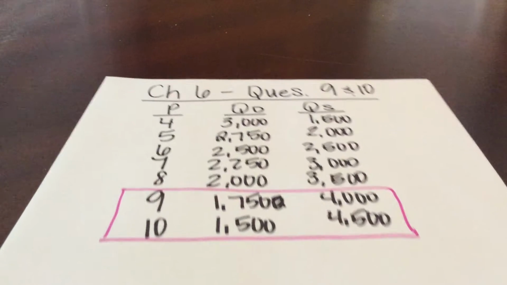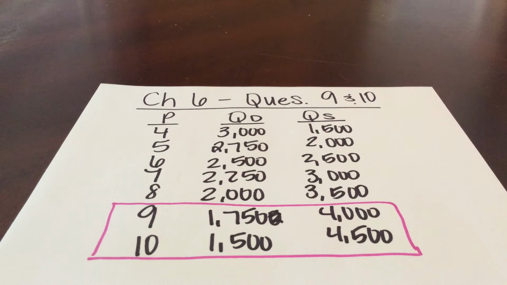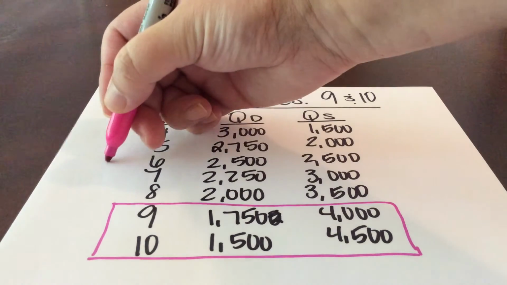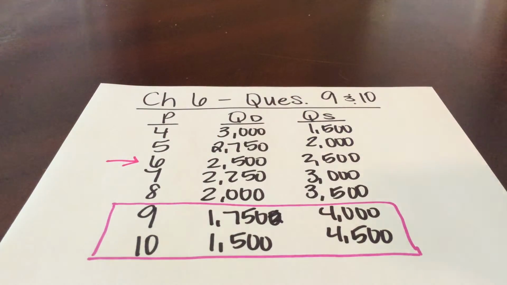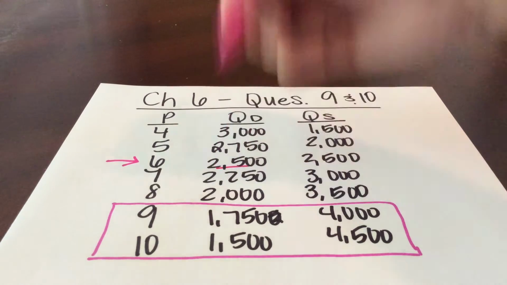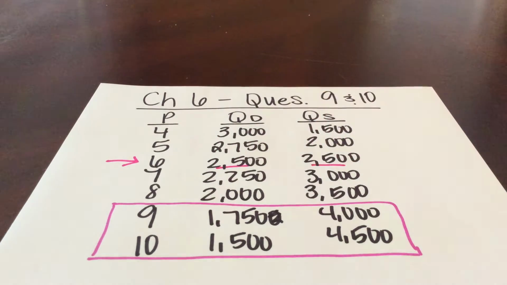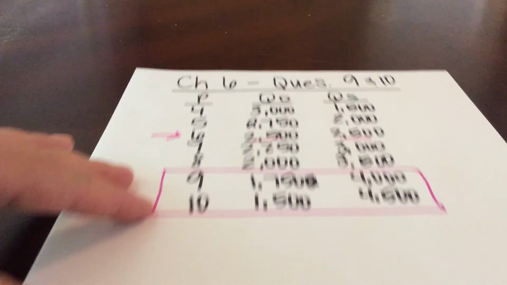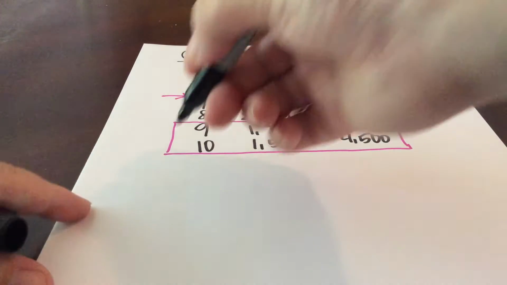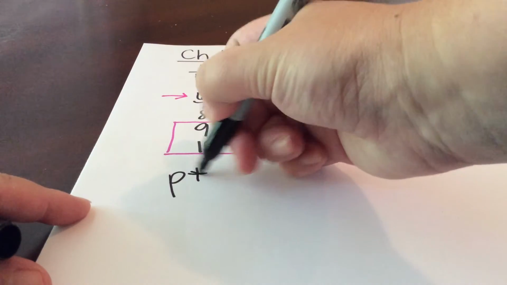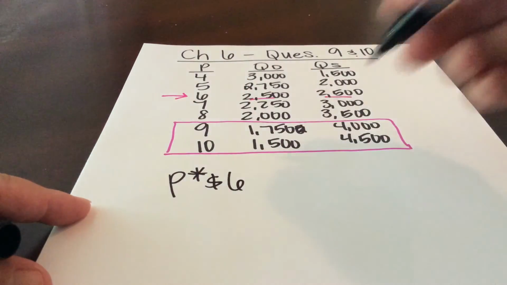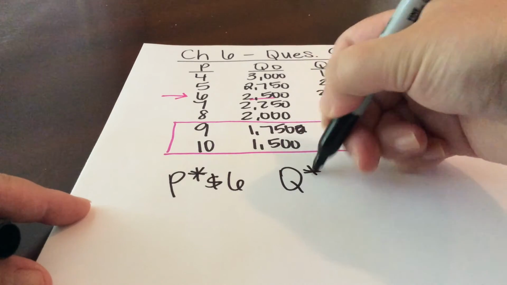And so if you look down through our quantity demand and quantity supply columns, you would see, hopefully, that at a price of 6, quantity demanded is 2,500 meals, quantity supplied is also 2,500 meals. So the answer then for 9a, our equilibrium price is $6 per meal, and our equilibrium quantity of meals is 2,500.